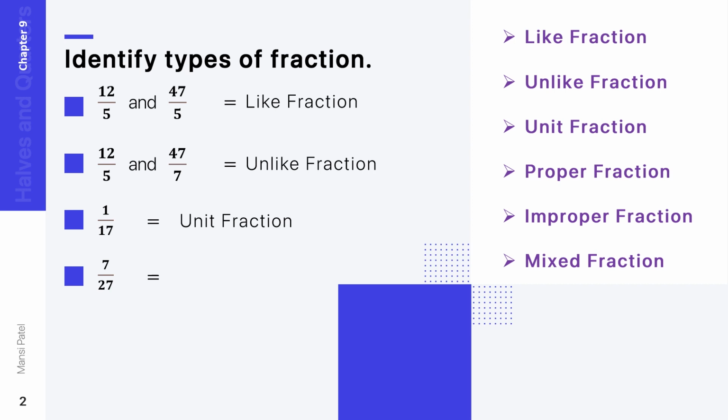So, this type of fraction is known as proper fraction. If we want to convert the proper fraction into mixed fraction, can we do it? No. We can't convert a proper fraction into an improper fraction, or into a mixed fraction. Why? Because that fraction is known as a proper fraction.